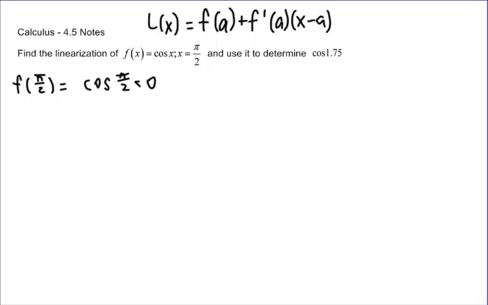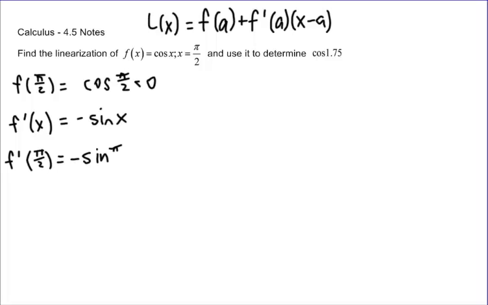Then we need the derivative, which is negative sine x, and the derivative at pi over 2, which is negative sine of pi over 2, which is negative 1.